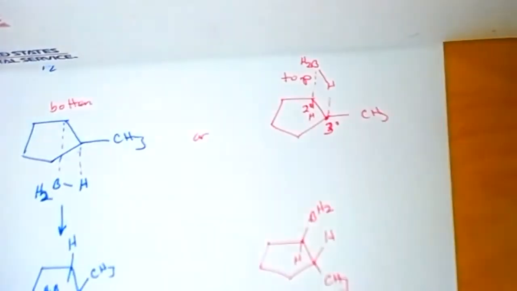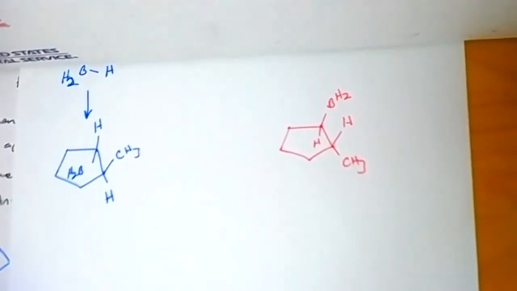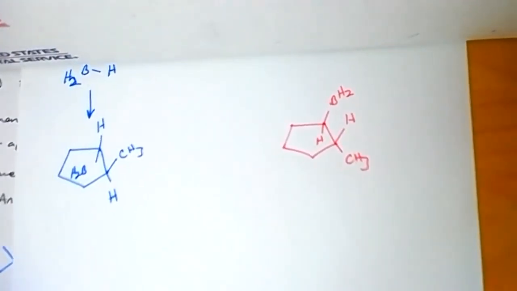And I'm just drawing in this hydrogen that was already here. There was already a hydrogen here as well. So you're ending up with those types of species.